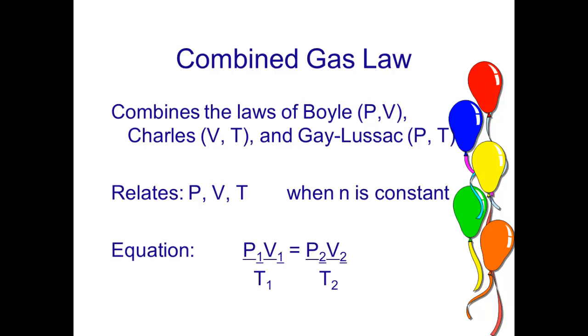And here's what your equation looks like. P1 V1 over T1 equals P2 V2 over T2. What do we need to remember about temperatures before we plug them in? They have to be in Kelvin. Change them to Kelvin. And then as far as the other two things, units on both sides need to be the same.